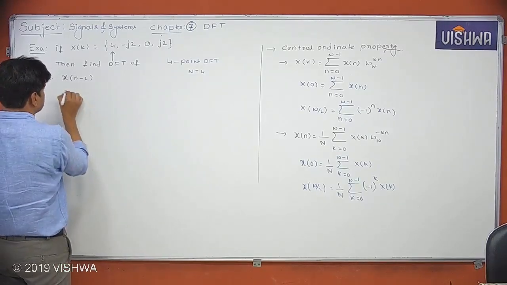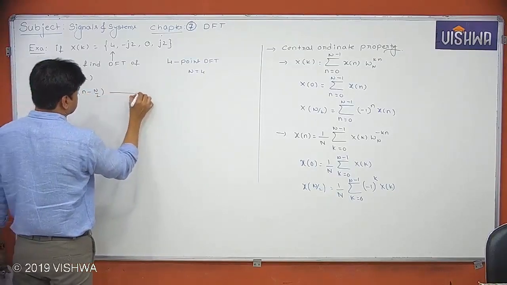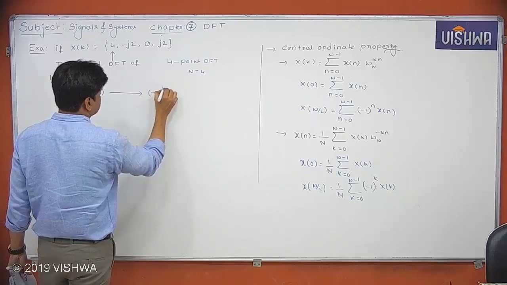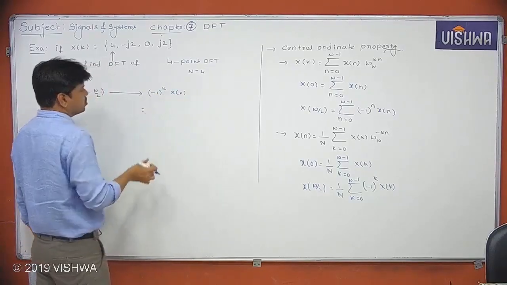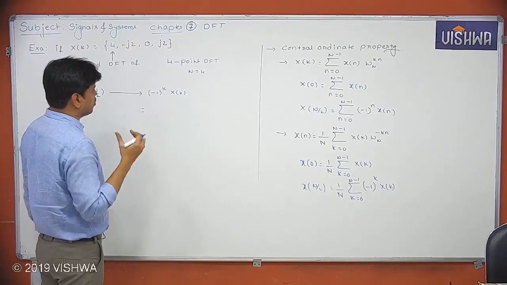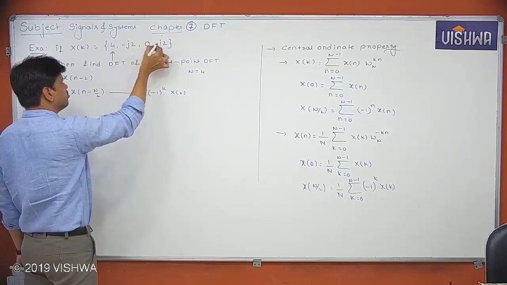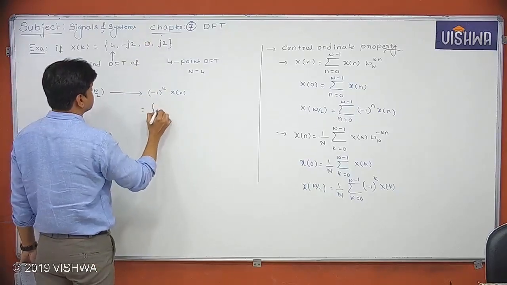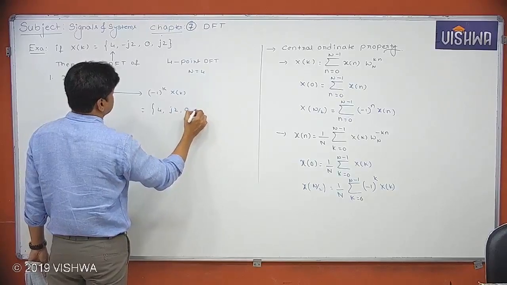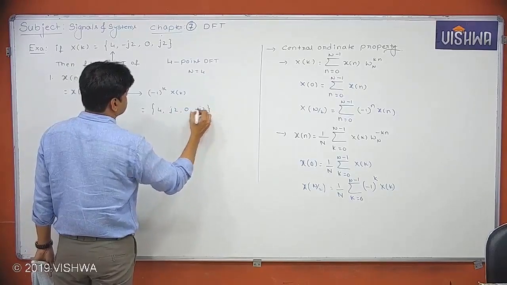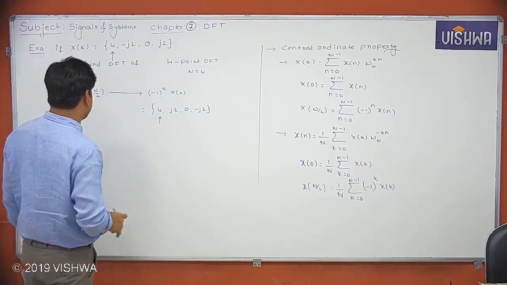It is X of k multiplied by minus 1 whole power k. I already told you, whenever it is multiplied with minus 1 whole power k, then it alternates positive, minus, plus, minus. So finally we are going to get 4, j2, 0, minus j2, with alternate plus minus signs like that.